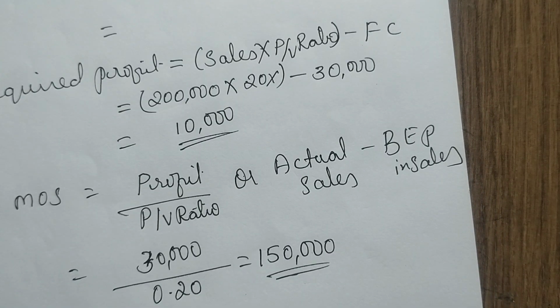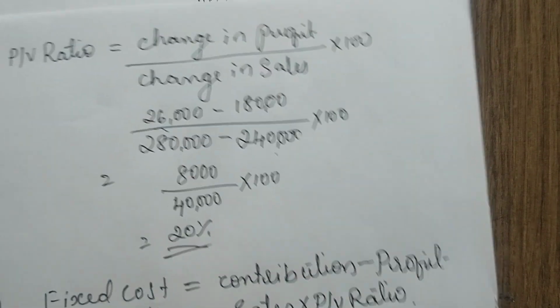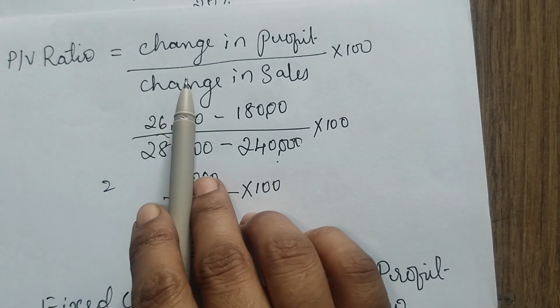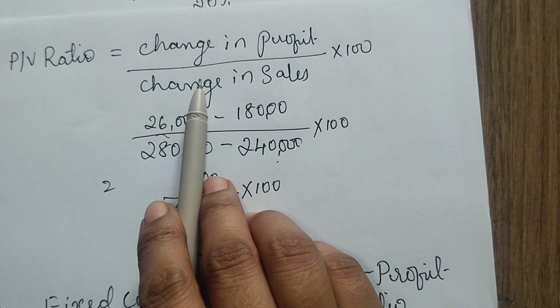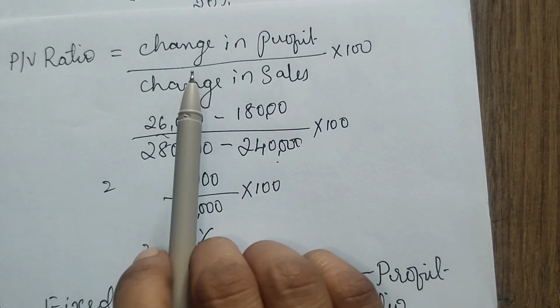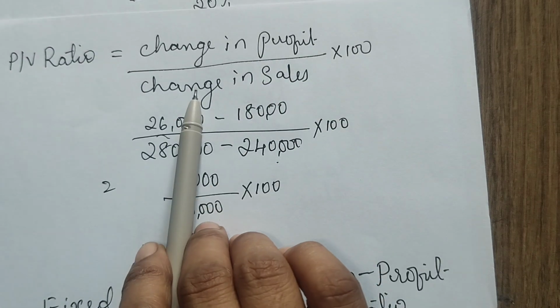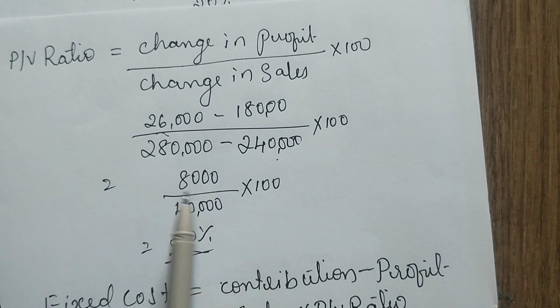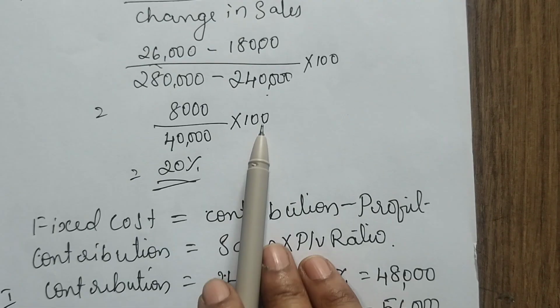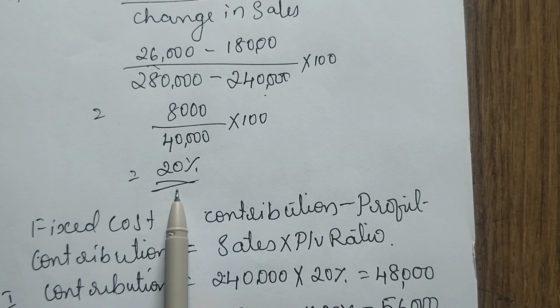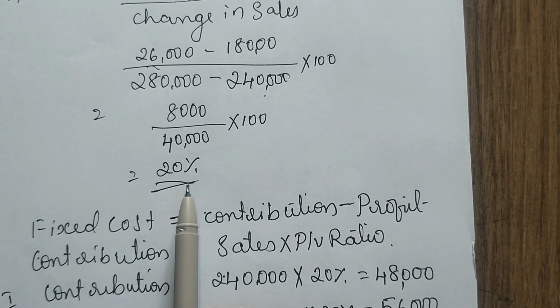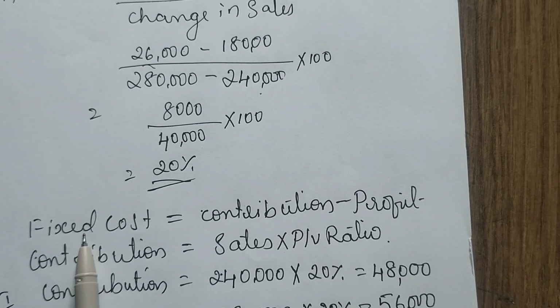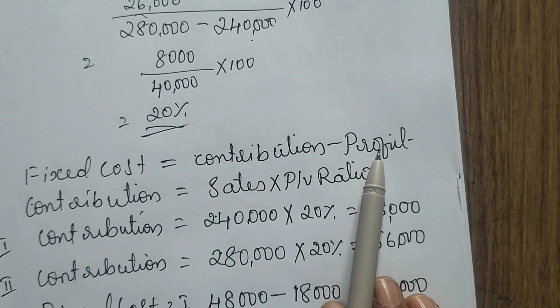See, first what we have done, we have calculated PV ratio. When the two years' profit is given, we take the difference, that is change in profit divided by change in sales, then multiply with 100 to get the percentage, because PV ratio is expressed in percentage. Fixed cost is equal to contribution minus profit.